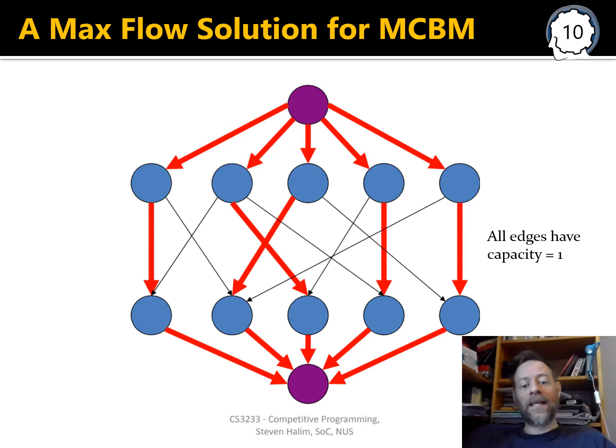Now you find the maximum flow in this graph, and that will be the same as the maximum cardinality bipartite matching. So straightforward, and it just shows the power and versatility of max flow, which is a very useful algorithm for many things.